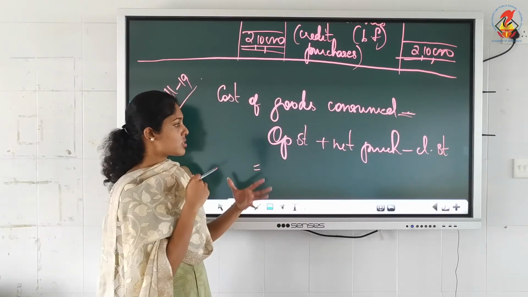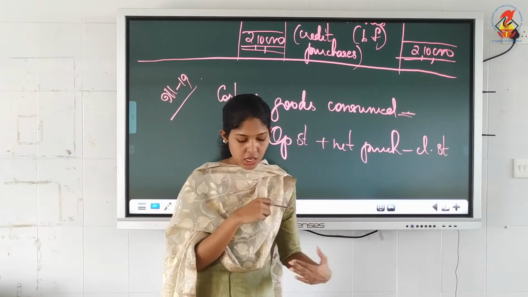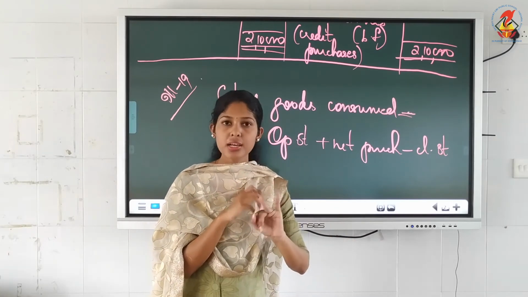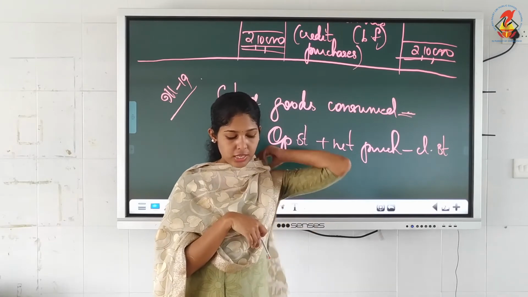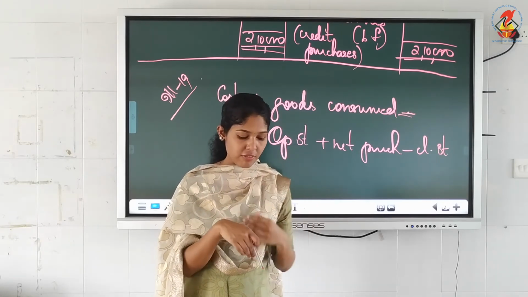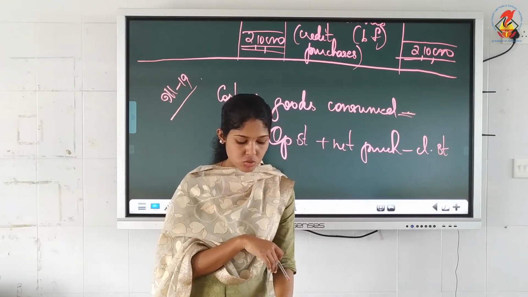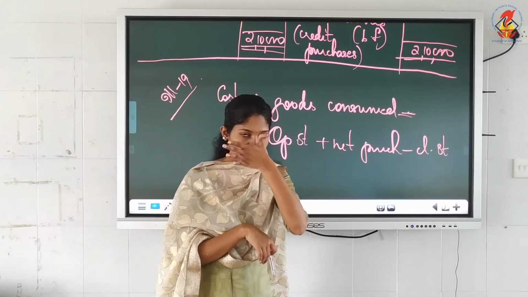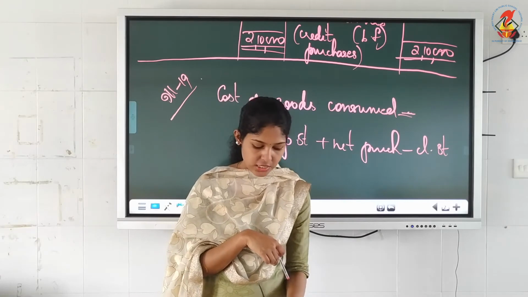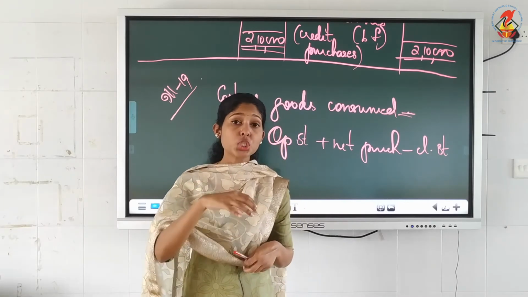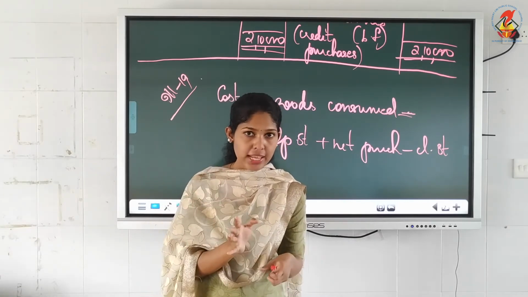Next, the question is whether to do the creditors account or not. You have opening creditors, you have closing creditors like in the previous question, but did you see that sentence given after that box? Stationery purchased during the year ended 31st March 2020 was 4,70,000. Stationery purchased is given as 4,70,000.